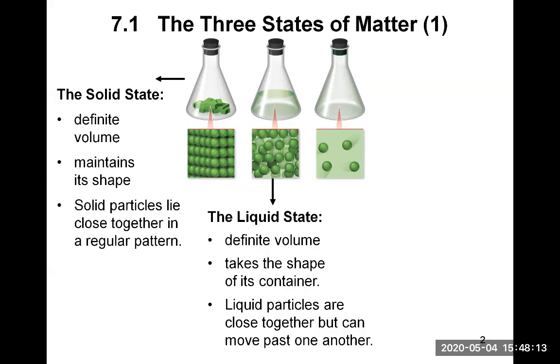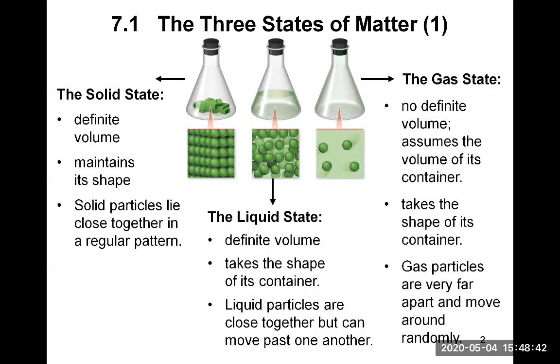And so then it's not ordered anymore. You can see that it's packed, but there is no pattern. It's not organized. It's random. And so there are fewer forces holding the particles together, and so they can roll around and move from one area and slide into another area.